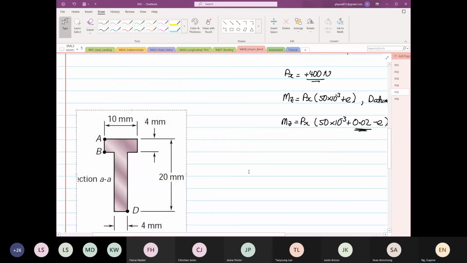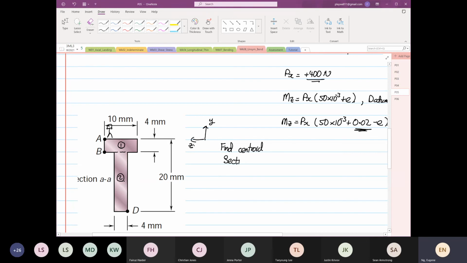So based on this figure, this is our Y, this is our Z. We're going to take the datum from the top. I'm going to divide this into 1 and this into 2, so we're going to find the centroid of the section.